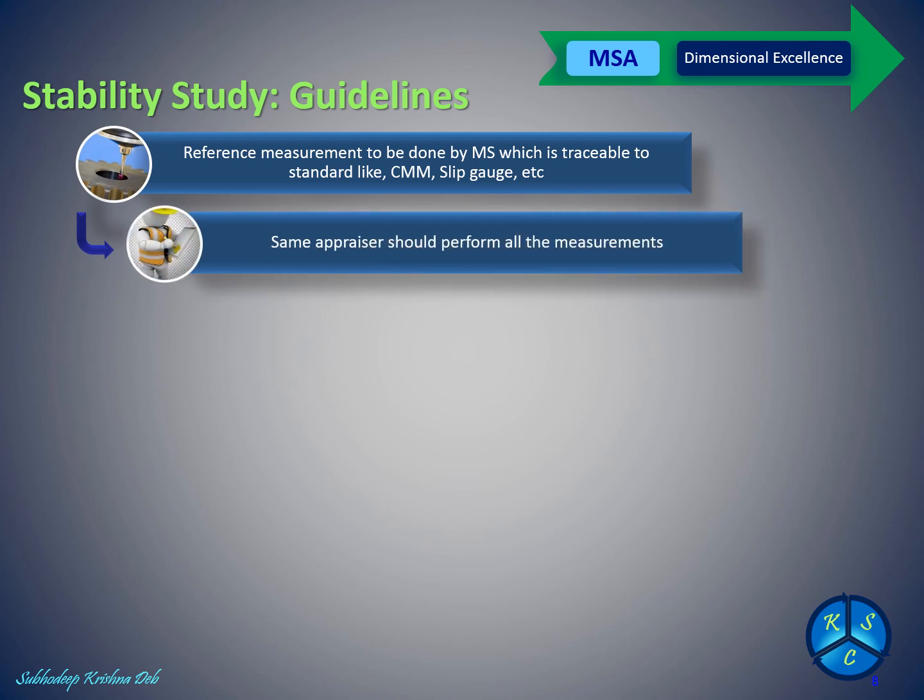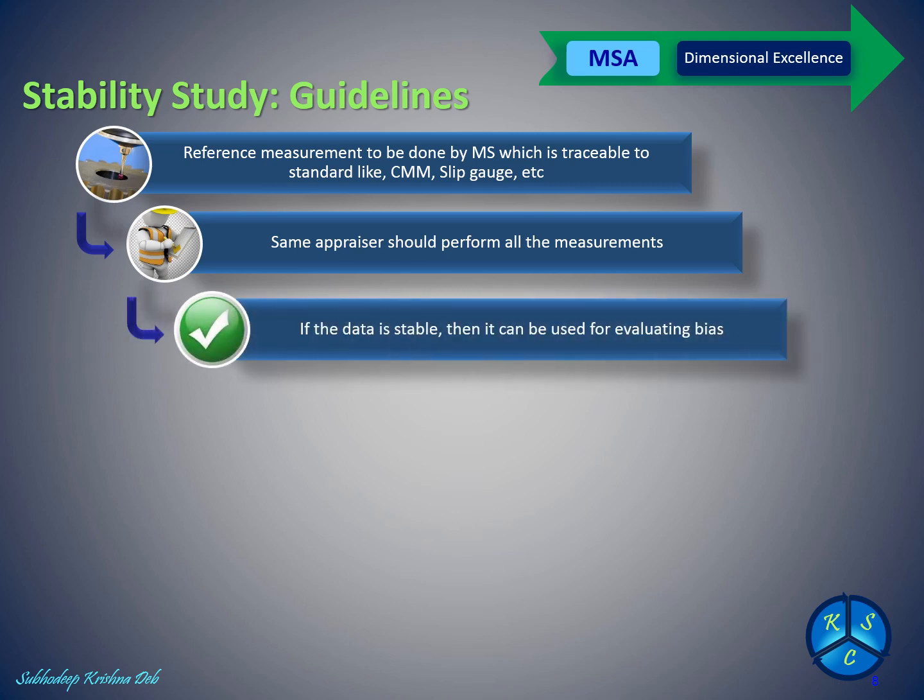Next, we have to remember that all the instrument measurements done during the study should be done by a single appraiser. The same appraiser should perform all the measurements. Thirdly, we have to remember that only if the data is stable is the measurement system capable of doing the bias study.